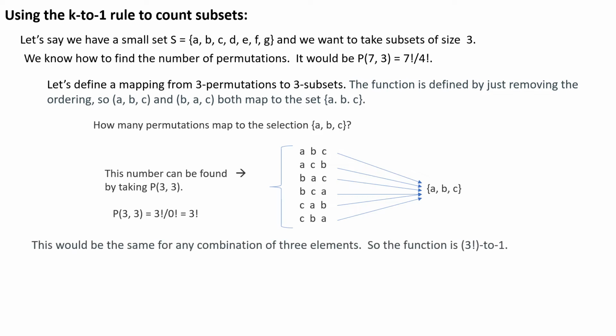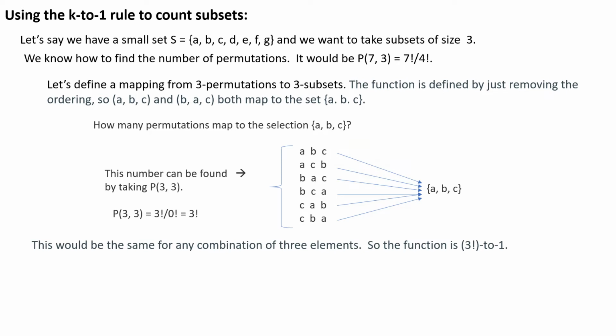And think about this, we used A, B, C, but there's other elements in S. So I could take any other subset of size 3, E, F, G, let's say, and I could do the same thing as I did above here. How many permutations would there be of those 3?